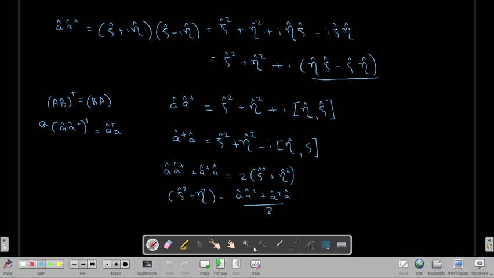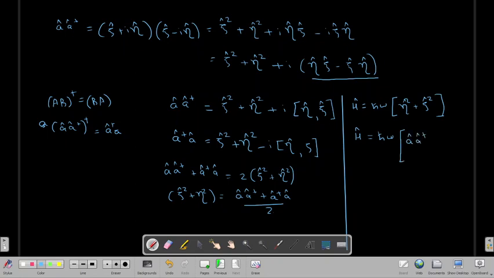So as we know that H was written as h cut omega into eta square plus xi square, and now since we have the values of eta square plus xi square, we can write H is equal to h cut omega into A into A dagger plus A dagger into A divided by 2.